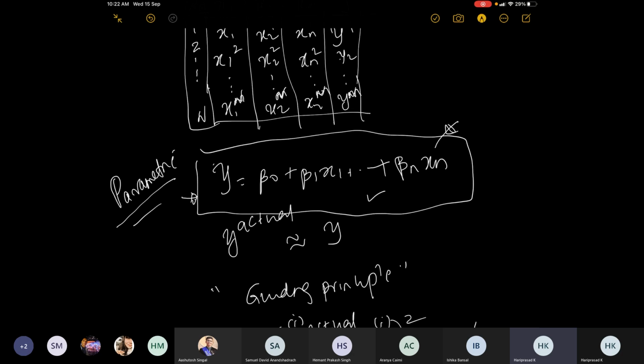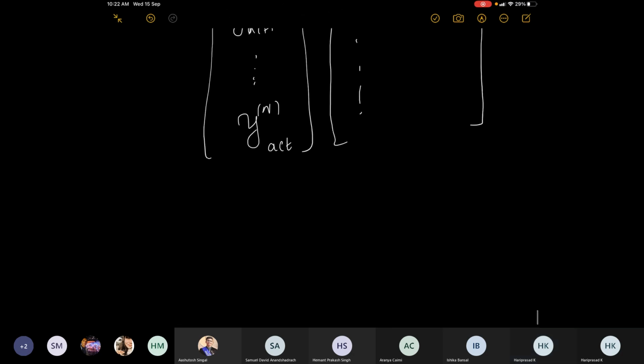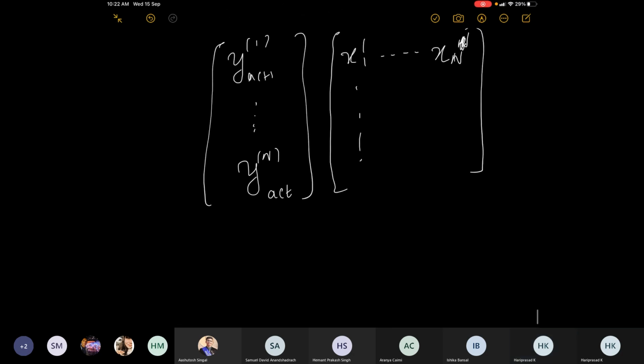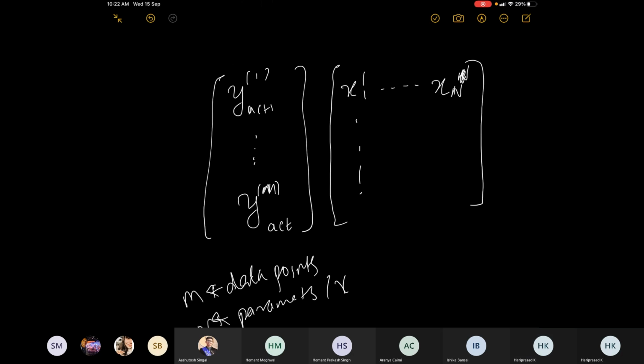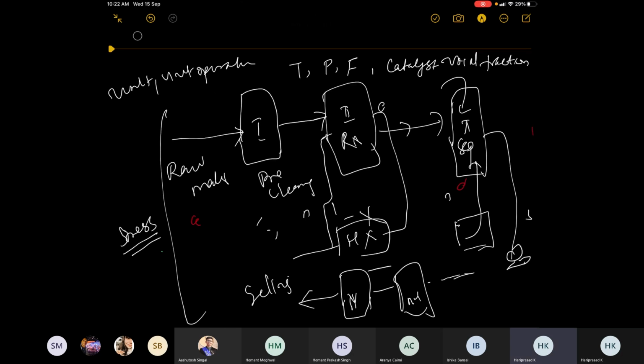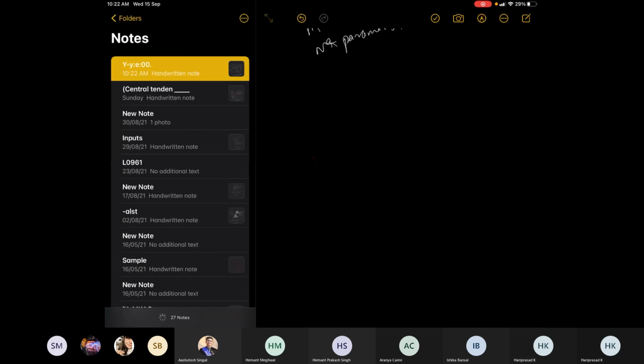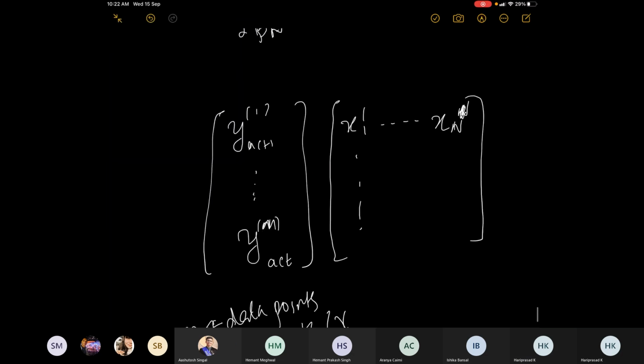We have m data points and n parameters, which is basically your axes. Okay, so now this is correct. So this would be x1m and xnm, and you can fill in this.